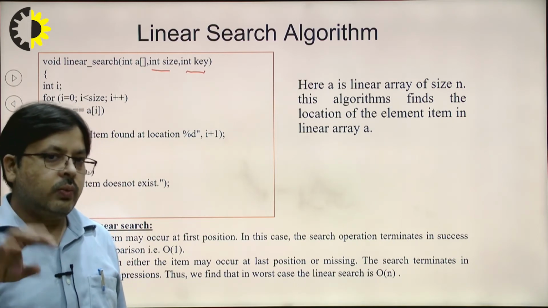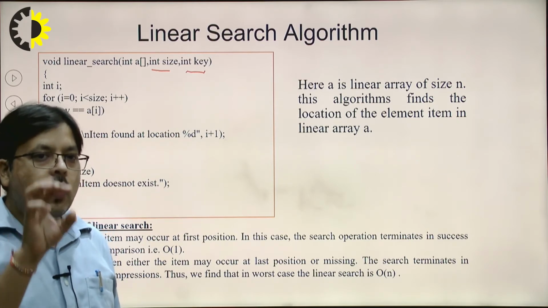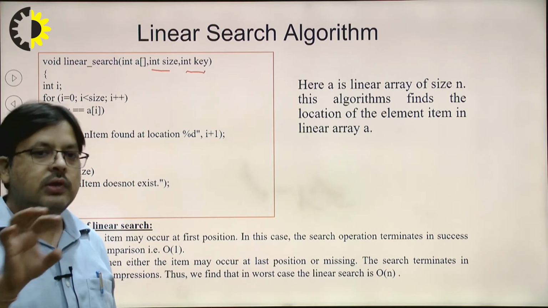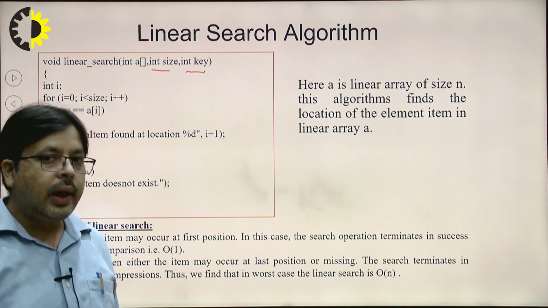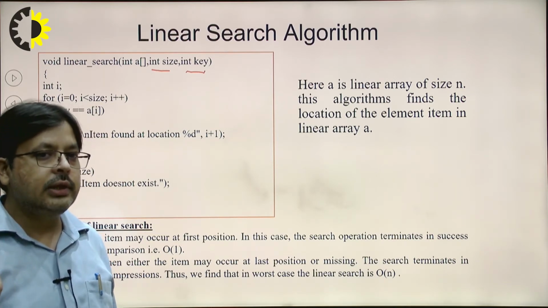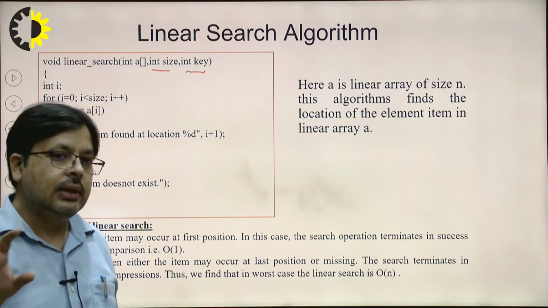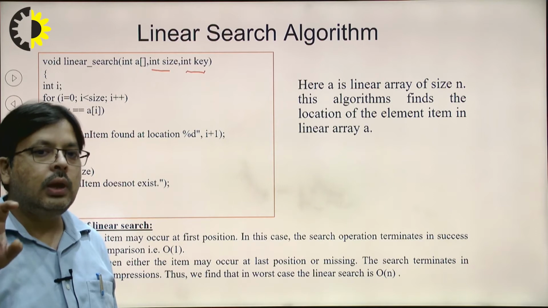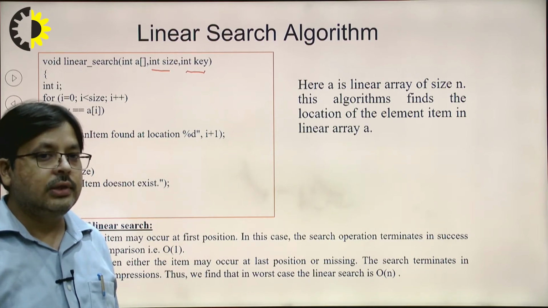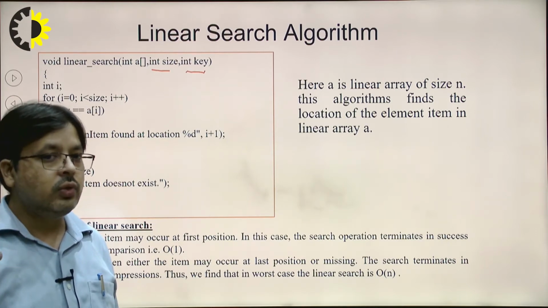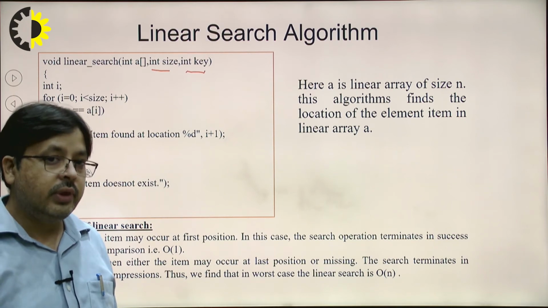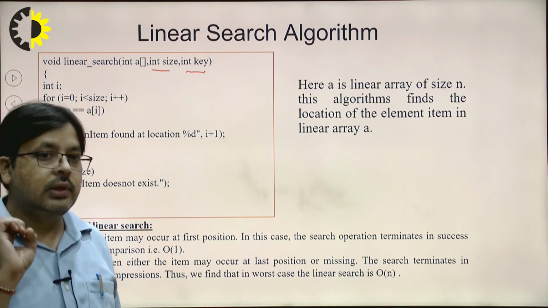And suppose in the second case, you traverse the whole array and finally come to the result that the element is not in the list. Then how many comparisons have you used? Total n plus 1 comparisons. So you use n comparisons, and finally you declare there is no such element.